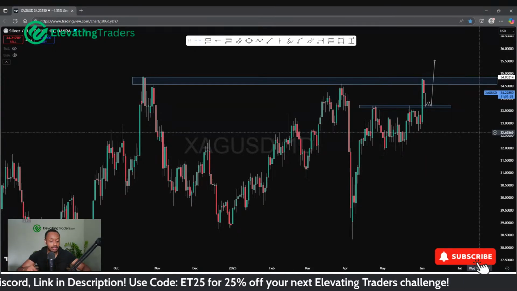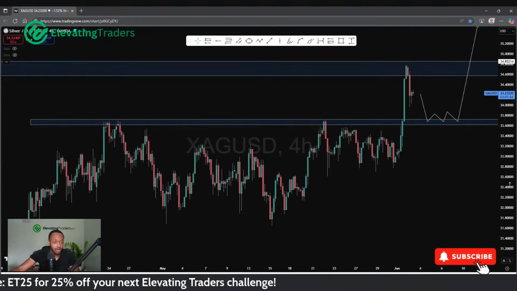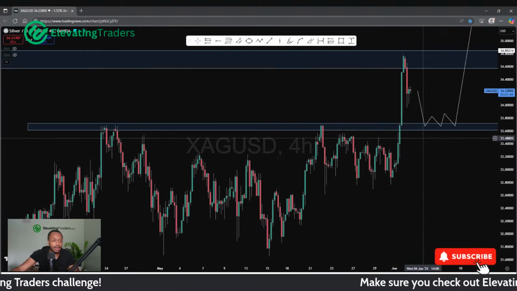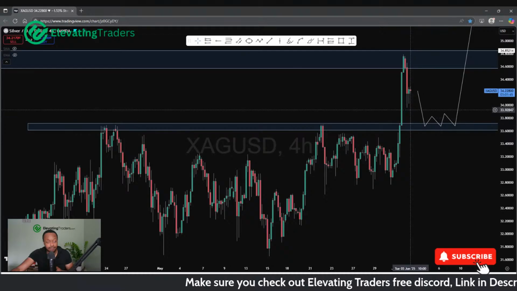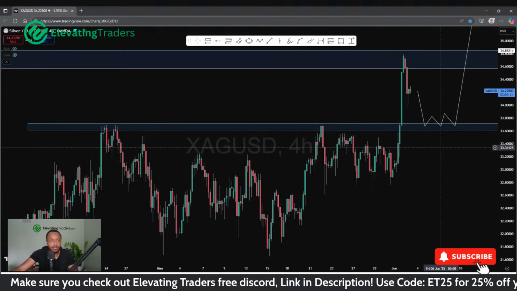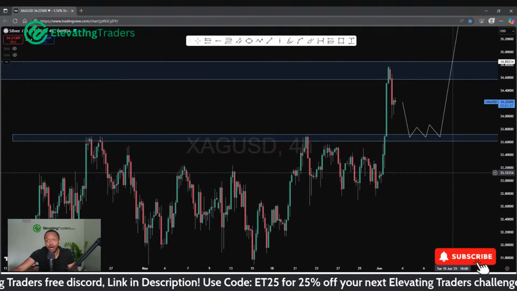So I did mark on this level on the 4-hour chart. I think that's a great place to be looking for some entries. Solid resistance, a very clean and impulsive breakout, I must add. Very smooth breakout to the upside, no prior retest. So if price was to get back down to retest this zone, I think it's a great place to be looking for some entries, especially 4-hour chart or even hourly chart.